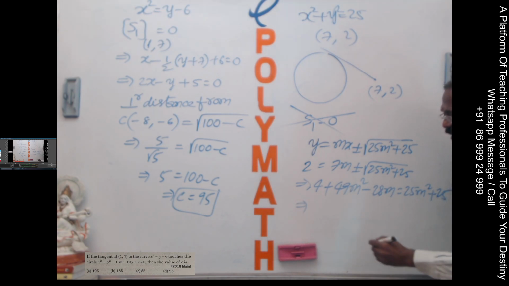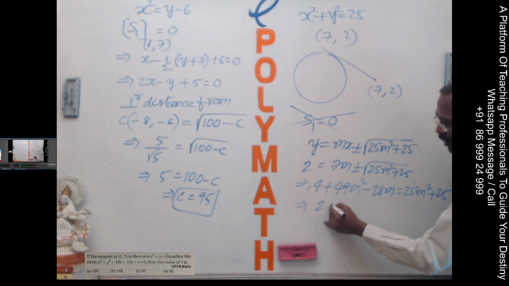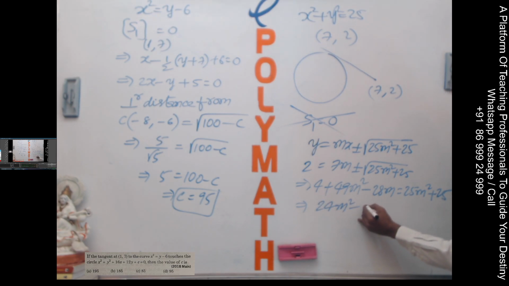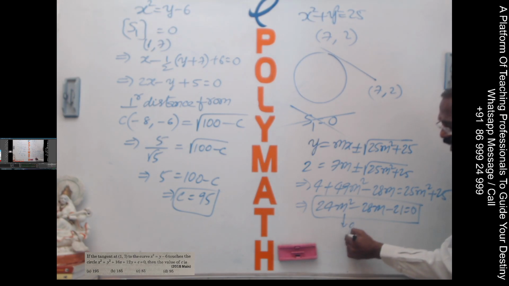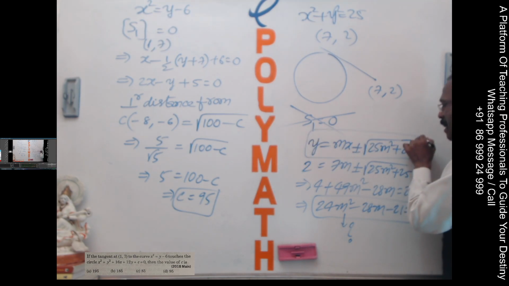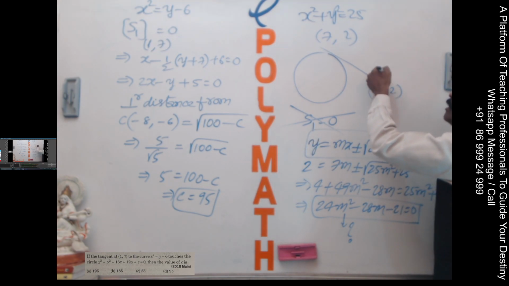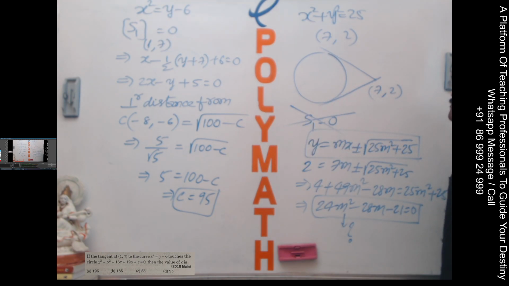So, what is the final equation you get? 49 minus 25, 24m square minus 28m plus 25, that side 4, minus 21 equal to 0. By solving this, you will get the value of m, and if you substitute that m in this one, you will get the required tangents, which will obviously be from an external point.